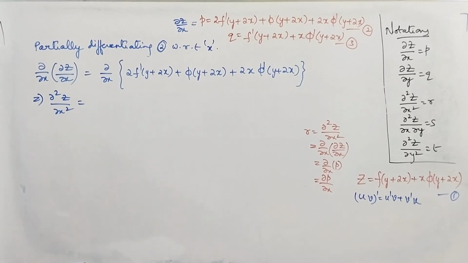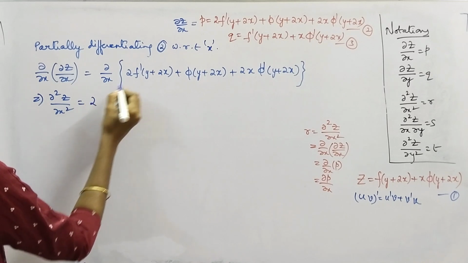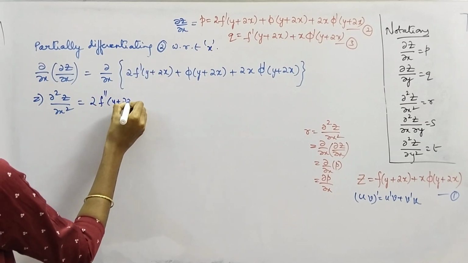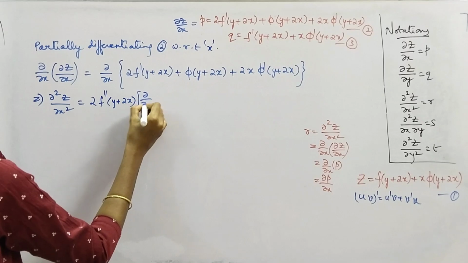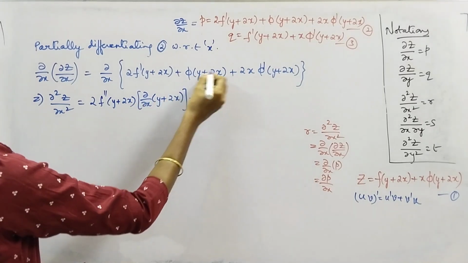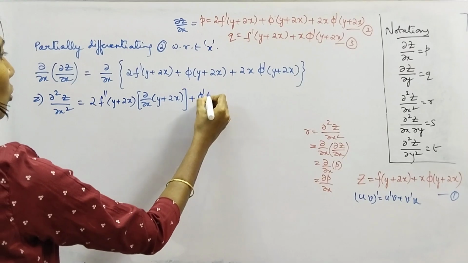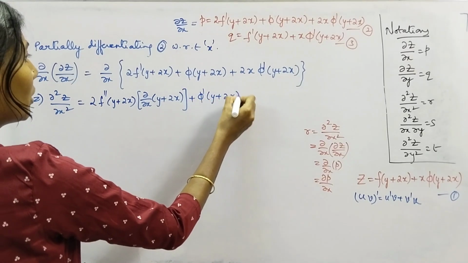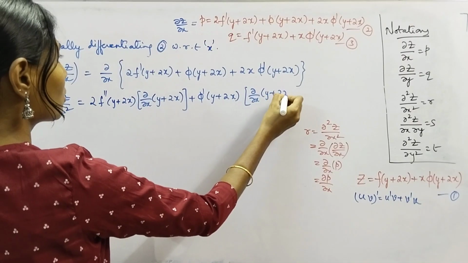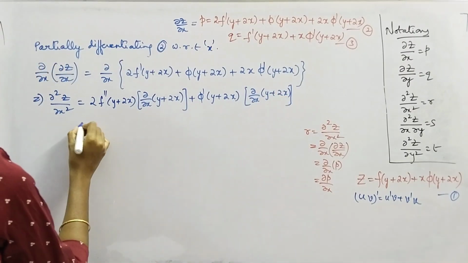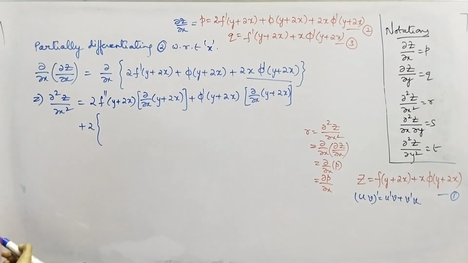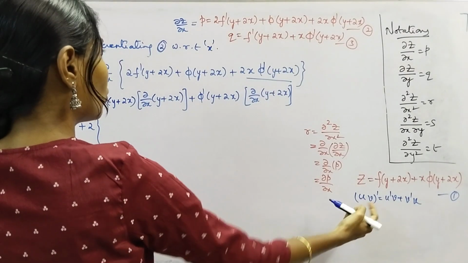Now you get 2 into partial derivative of f dash, which is f double dash of y plus 2x into inner derivative, that is dou by dou x of y plus 2x, plus partial derivative of phi, which is phi dash of y plus 2x into inner derivative dou by dou x of y plus 2x, plus 2 into, here you're having x and phi dash, right? So we are going to apply the uv whole dash formula.